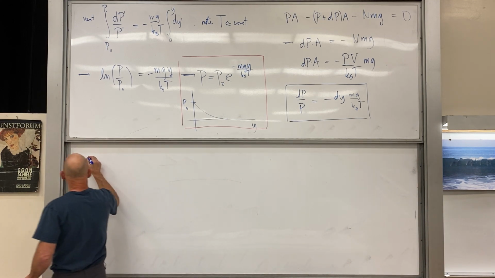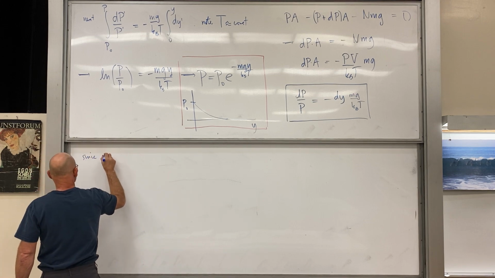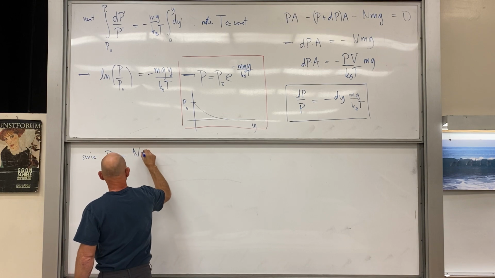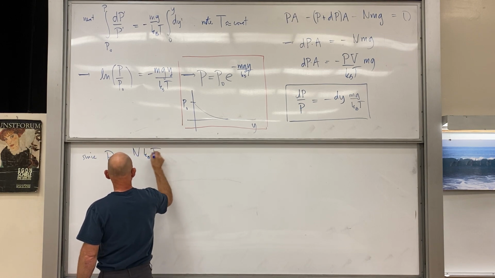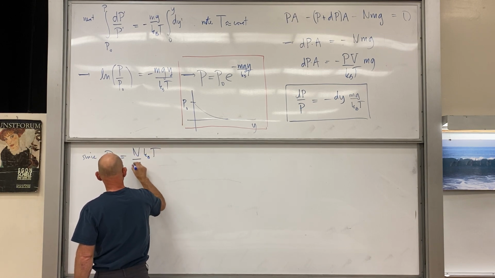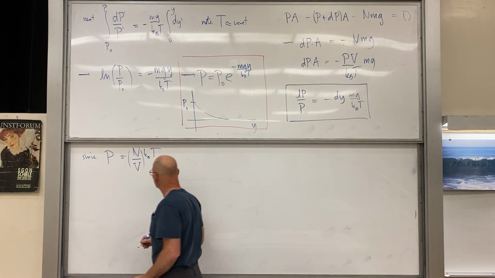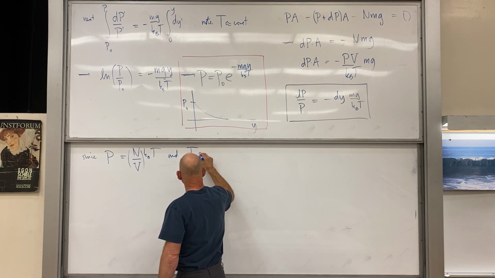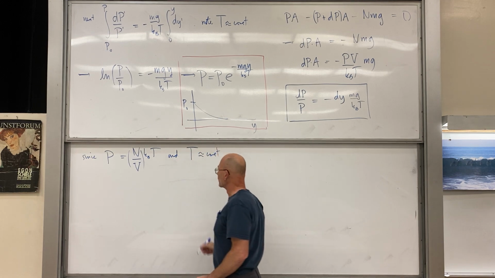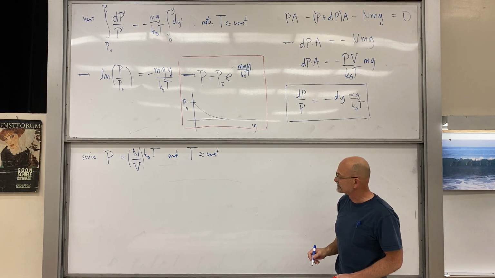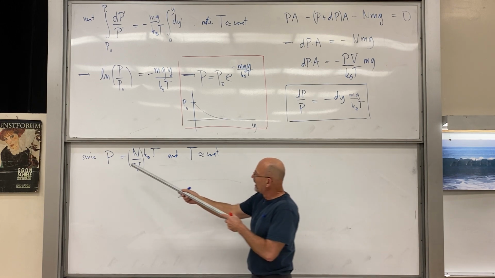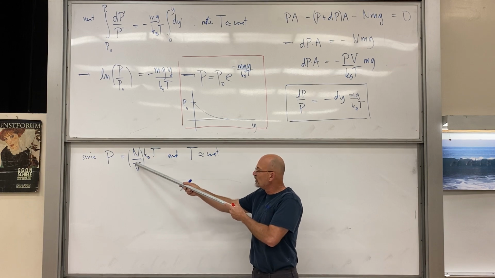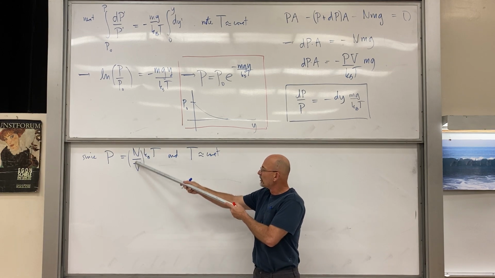So since P equals N k Boltzmann T over V, and T is approximately constant for our discussion, we can say that pressure is proportional to this N over V, which is a number density, number per volume.